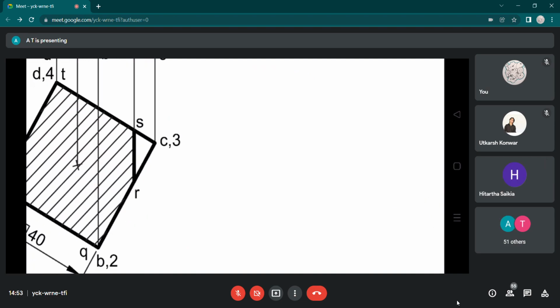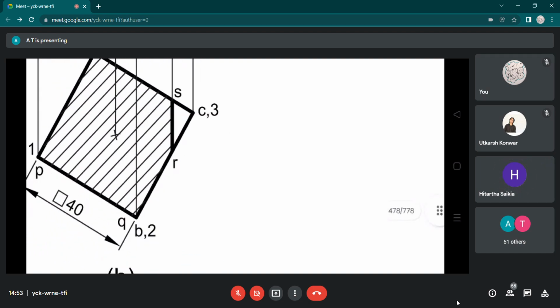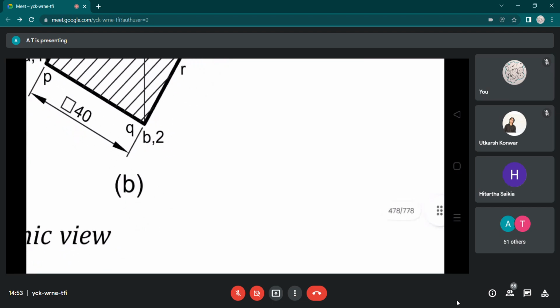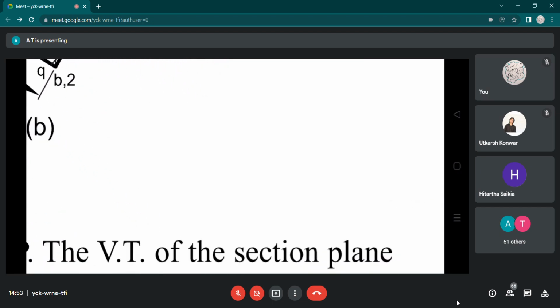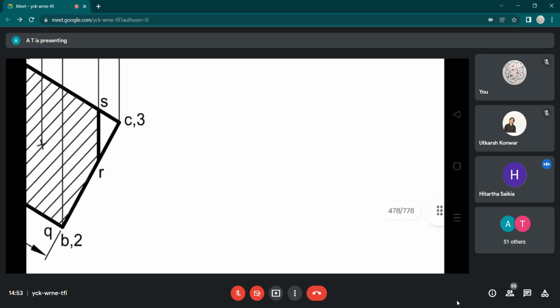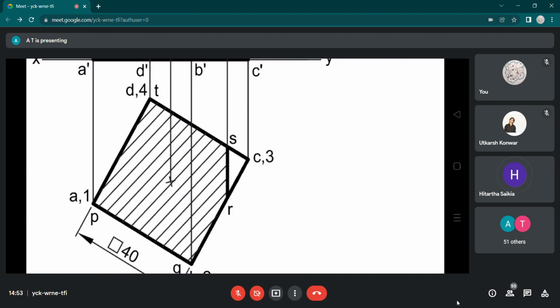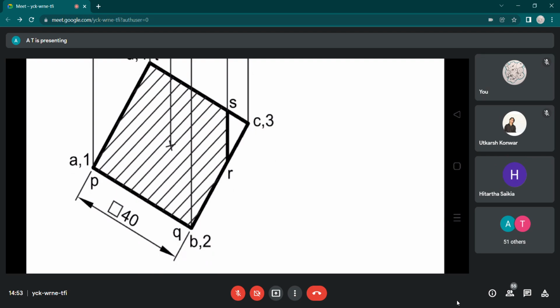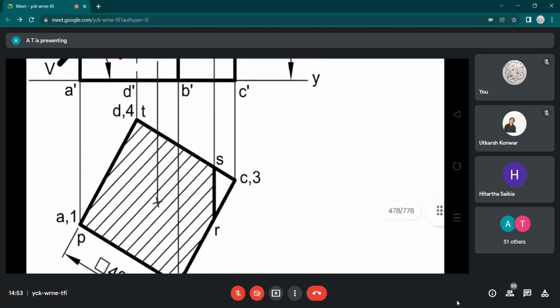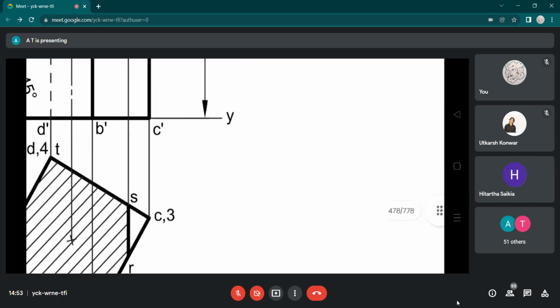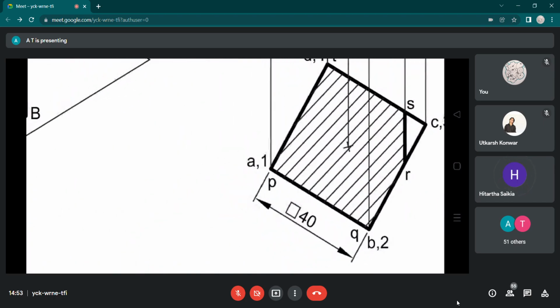I am trying to put those points in the corner so that you can focus. A, then B, then C, then D. You have to draw this square and keep the side CD.